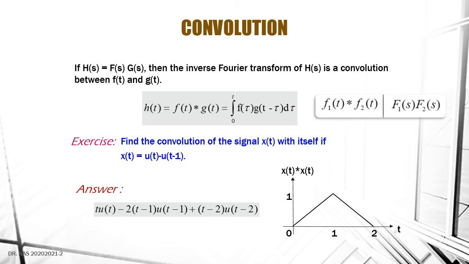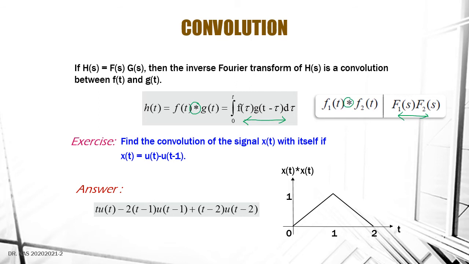If you have convolution in the time domain, by first principle you perform the integration, but if you use the Fourier transform or Laplace transform, the convolution in the time domain can be simply solved by multiplying the signals in the frequency domain, either in omega or in the S domain. In this chapter we are focusing on the S domain, so you can solve the convolution in the time domain by multiplying the two signals in the frequency domain.